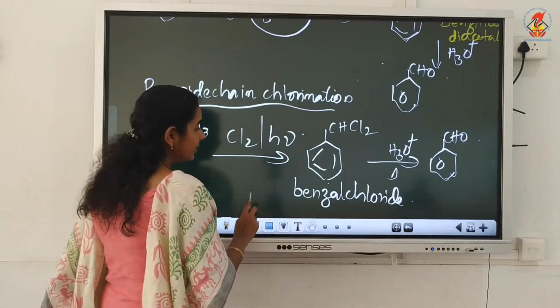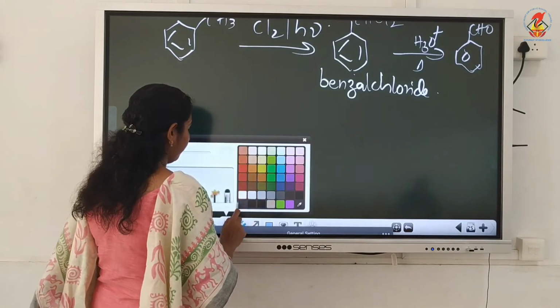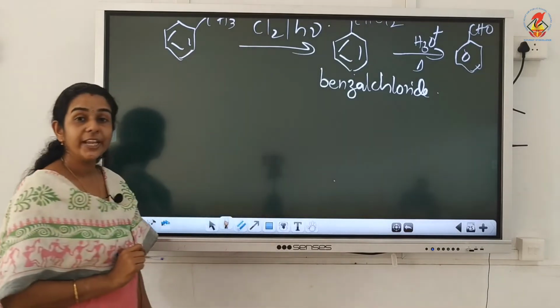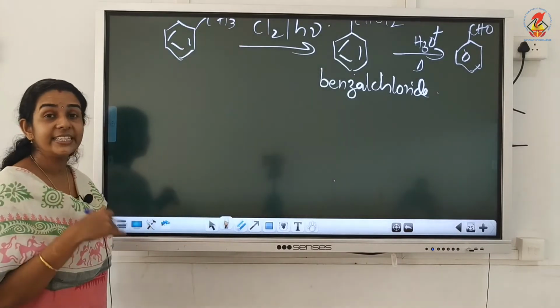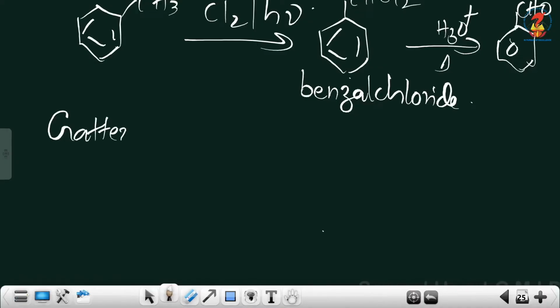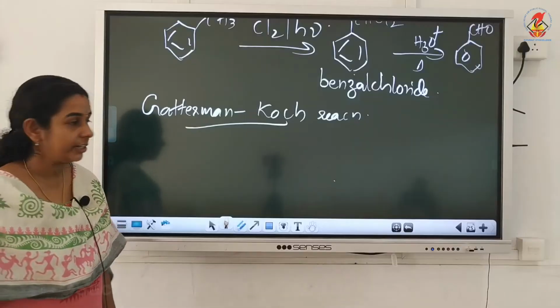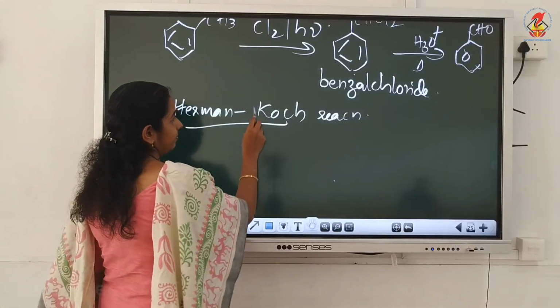Now the last method for the preparation of aldehydes only is the next named reaction, the Gattermann-Koch reaction. Here also we have to study the reagent first.